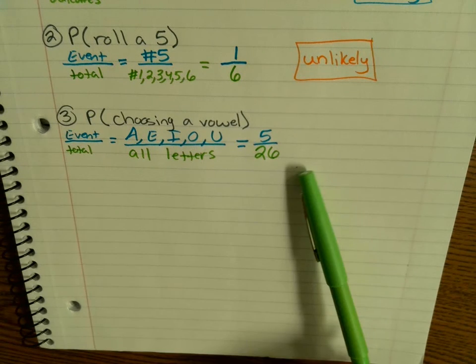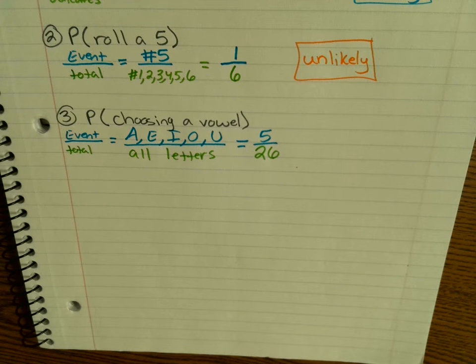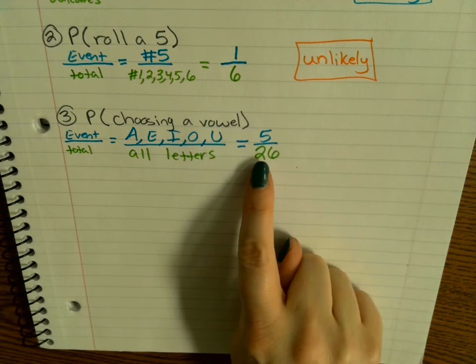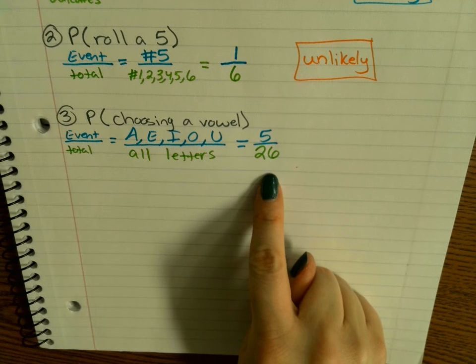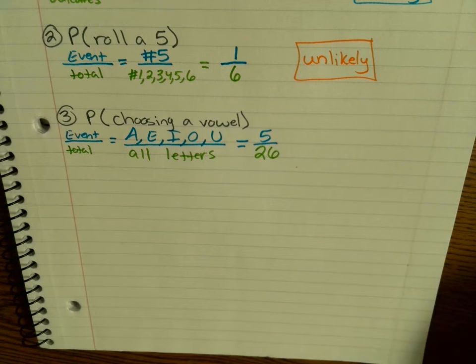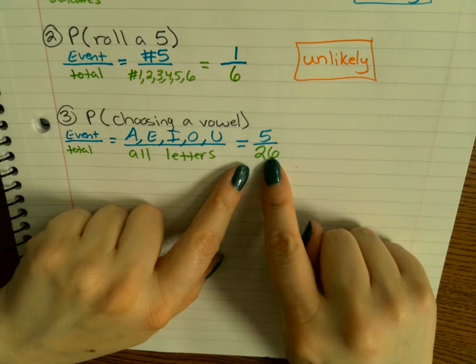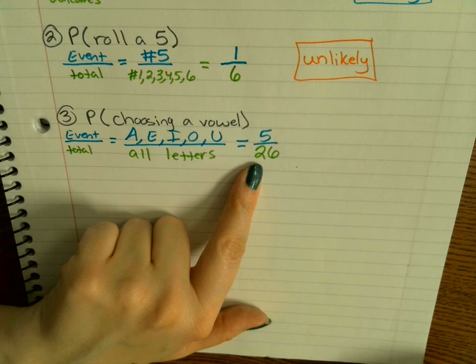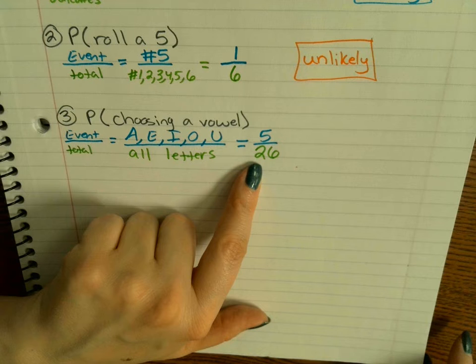And hey, guys, don't pick on anybody, because some people come from another country where the amount of letters in their alphabet is different than what's in ours. So 5 out of 26 for the American alphabet. All right. What kind of probability is that? What likelihood?